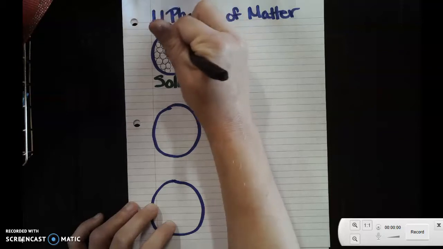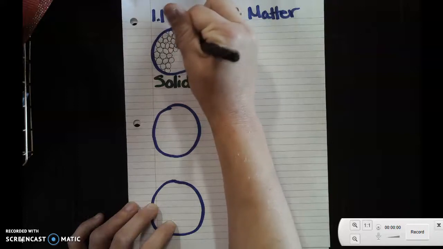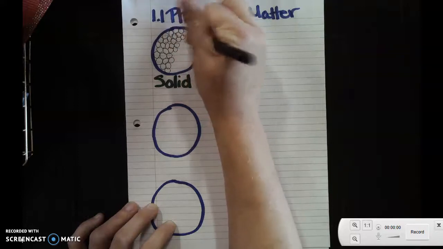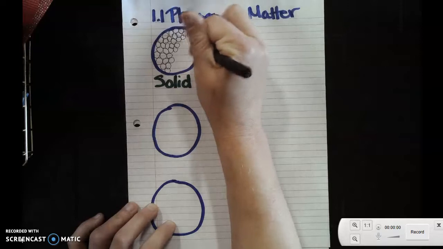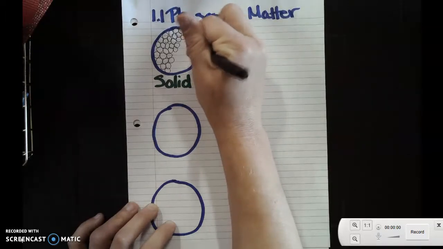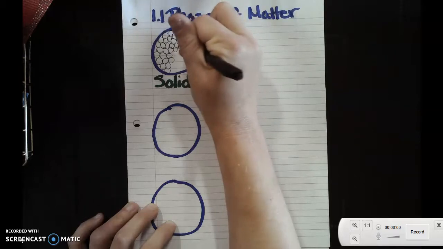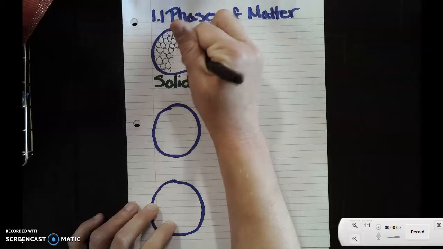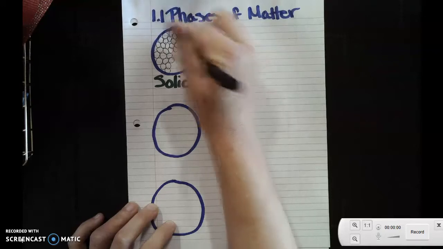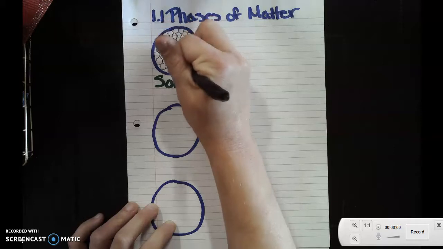But the idea we want to get from this, each one of these circles represents an atom. In maybe a month or so, when we really get down into talking about atoms, you'll see they kind of create a circular shape. And we want all of the atoms touching each other as close as possible.